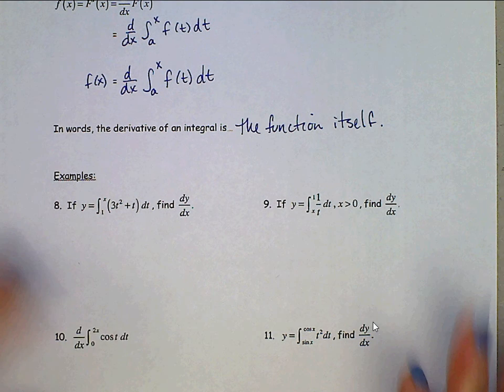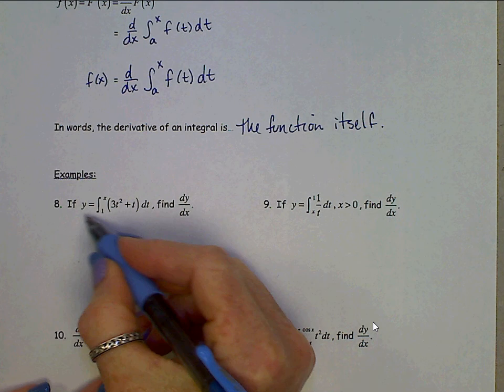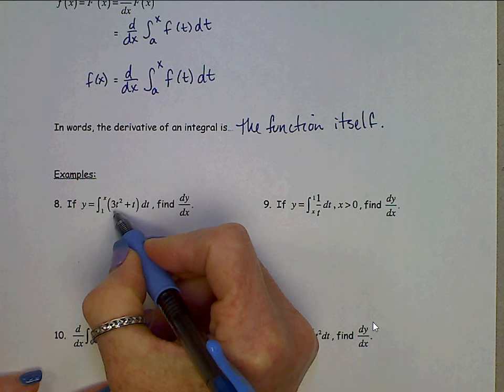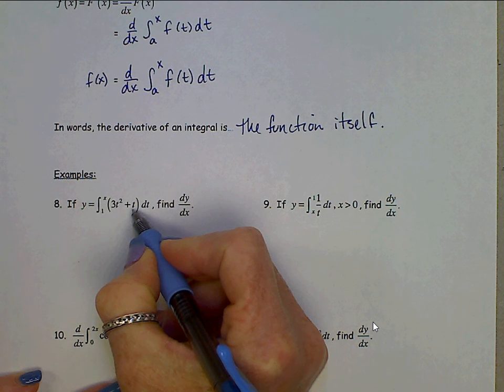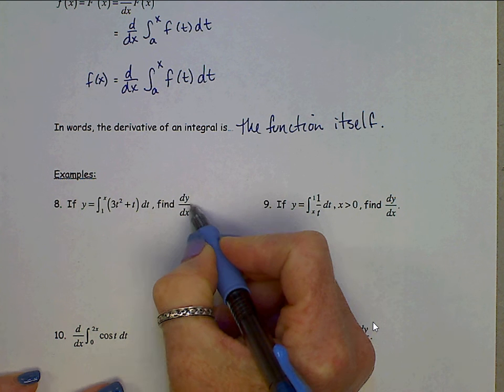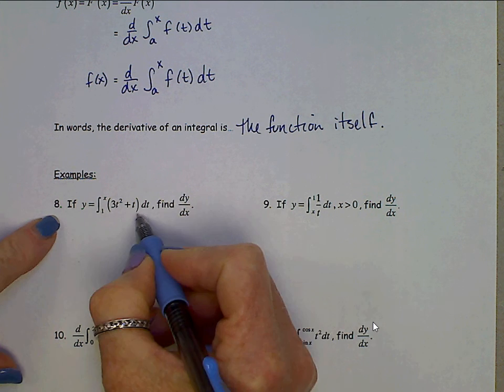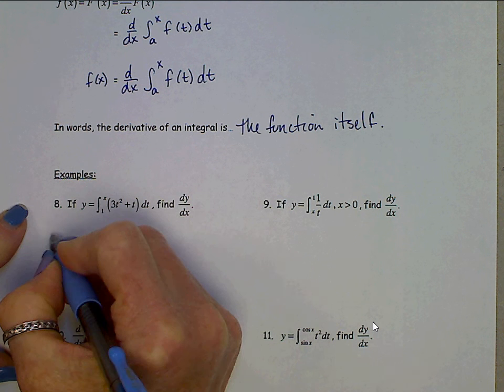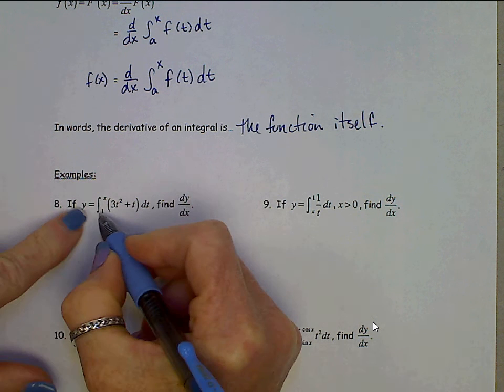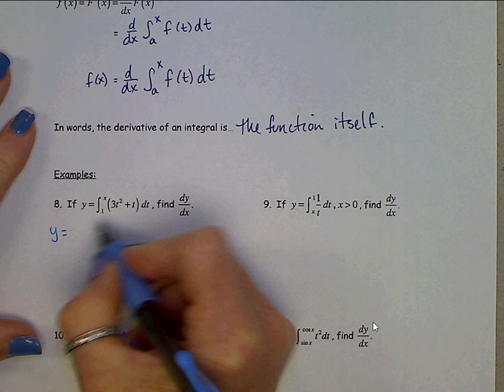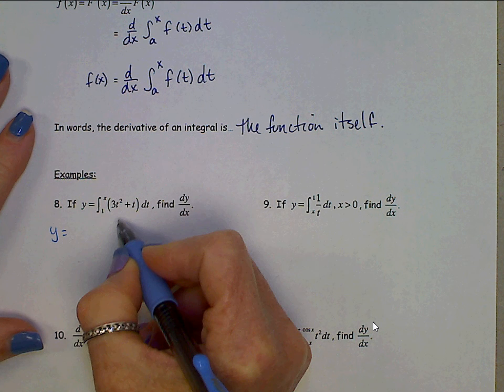If we look at this first one, y is the integral from 1 to x of 3t squared plus t dt. And I want you to find the derivative of that y. Well, first, let's actually figure out what y is. So, y is this integral. Let's go ahead and do this integral.